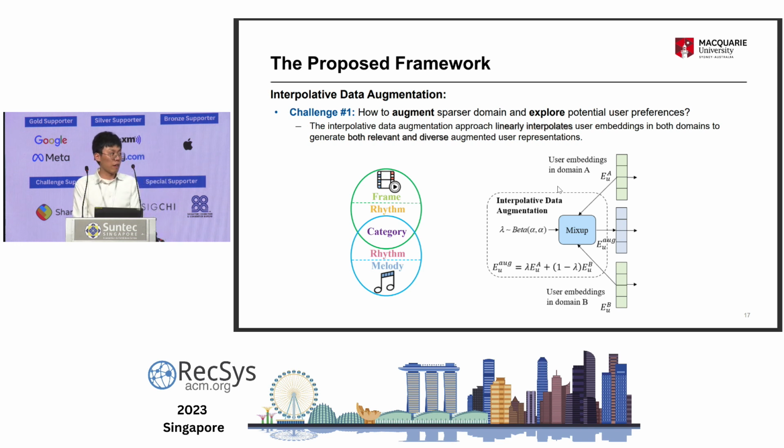While for the diversity, we also introduce the randomness by sampling the mixing coefficient lambda from the beta distribution. I will conduct some experiments and talk about it later.